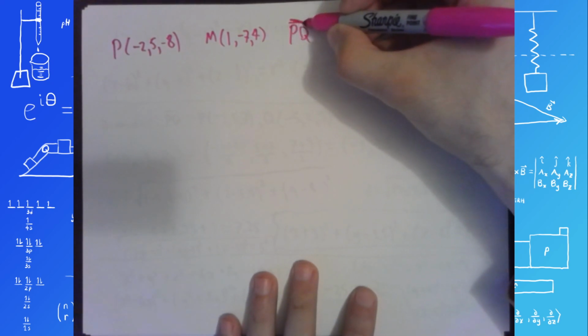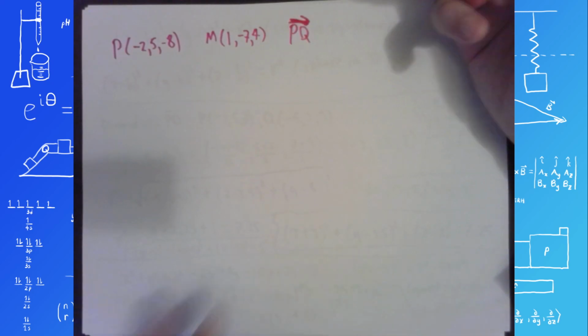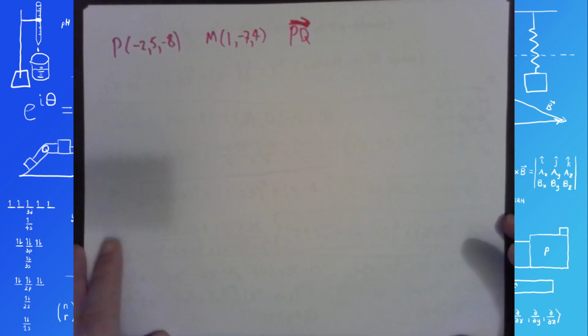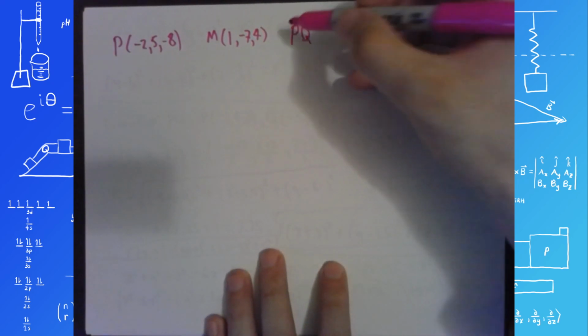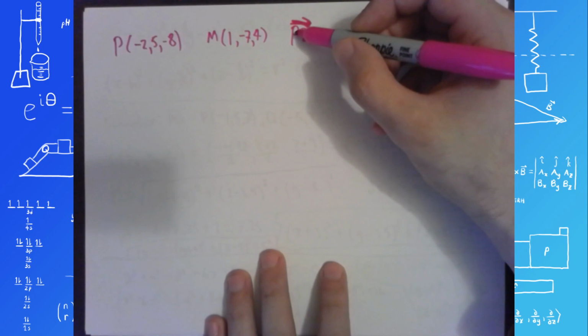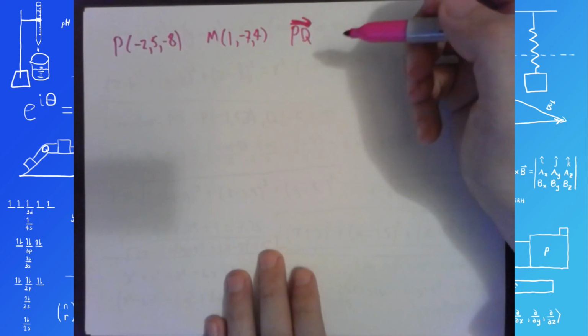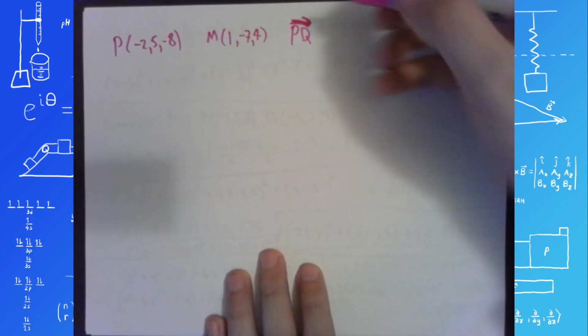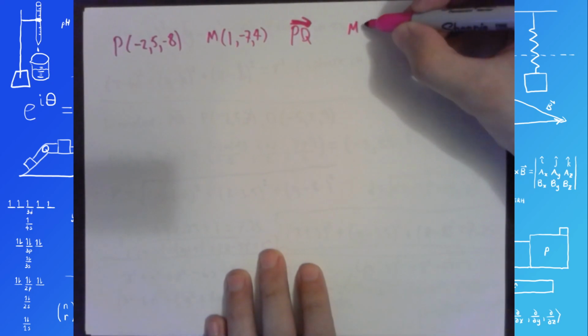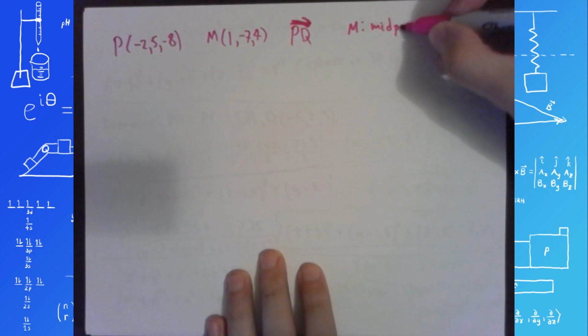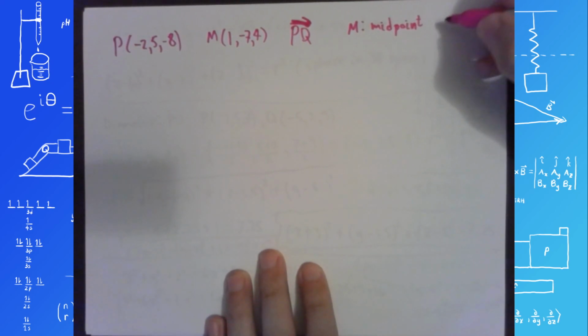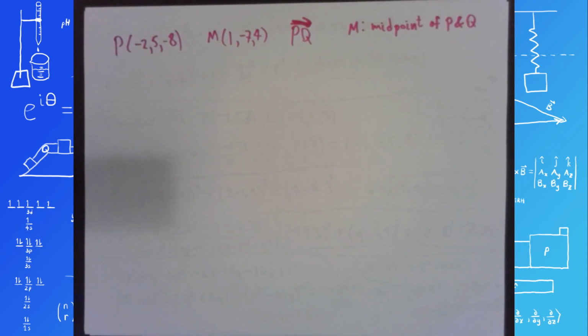There we go. I don't know why my arrow ended up slanting down like that. So we're trying to find the vector with initial point P and terminal point Q, and M is the midpoint of P and Q, according to the problem.